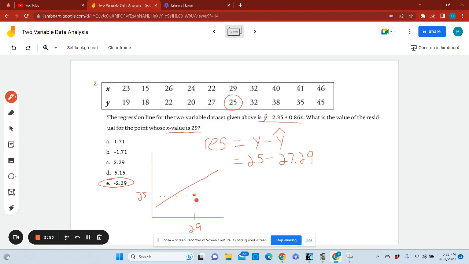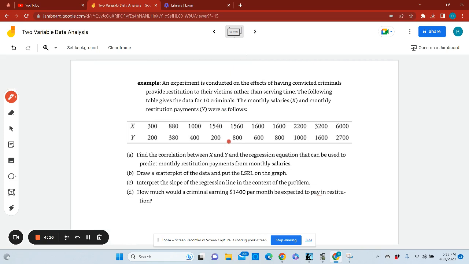It fell below the line. The line predicted that I would have a y value of 27.29, like I said before, right? So the actual data point came up short of the regression line and left us with this negative residual of negative 2.29. All right, so that's one.